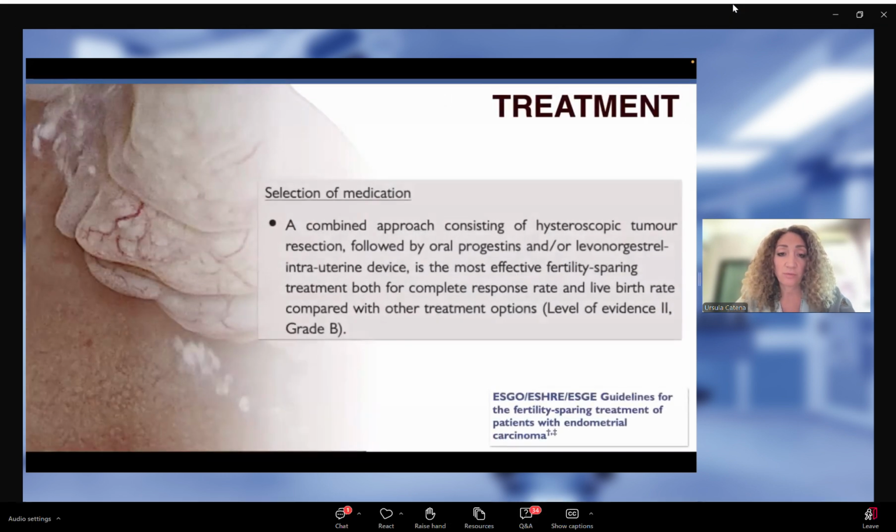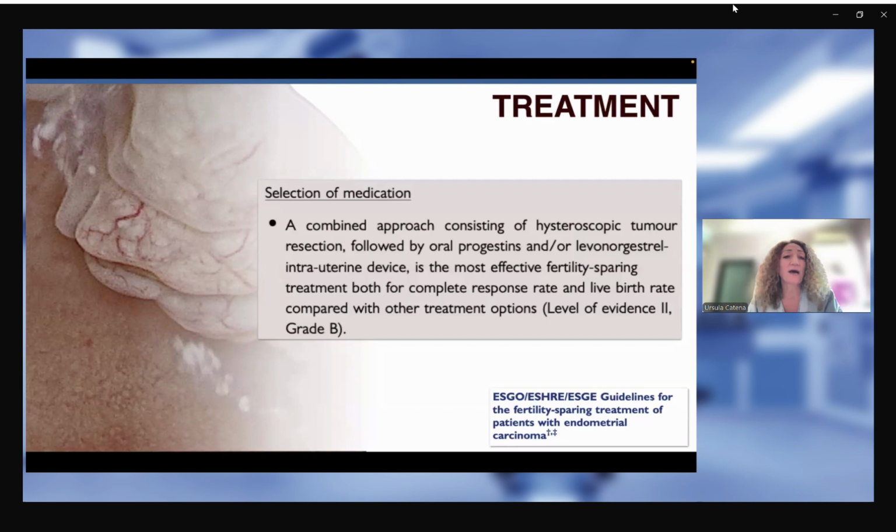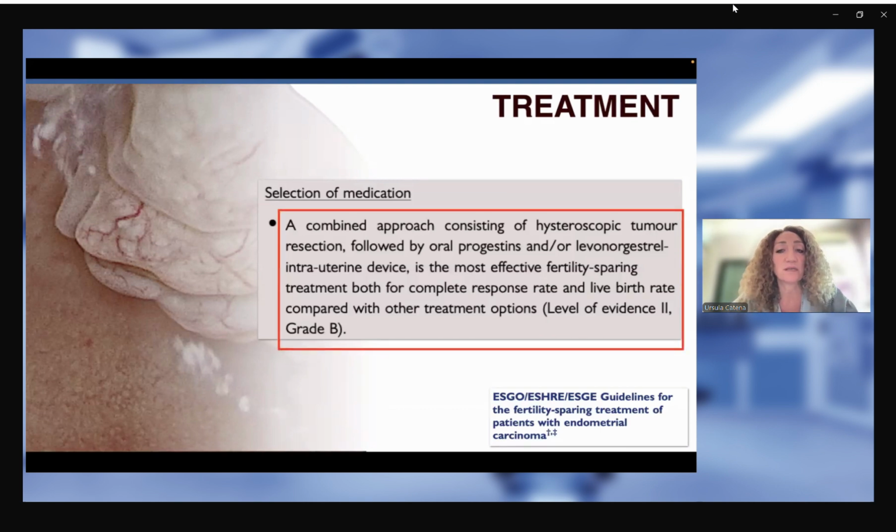What is the treatment? In our guidelines, we can see that a combined approach consisting of hysteroscopic tumor resection followed by progestins is the most effective fertility-sparing treatment in terms of complete response rate and live birth rates.